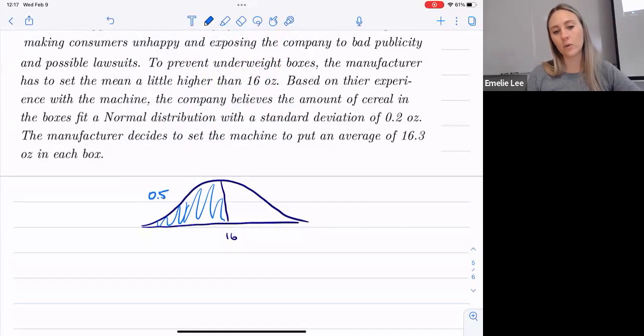So we don't want that many to be underweight. Usually what we do is shift this, tell it to fill at a different amount, and we're going to figure out what that amount is.